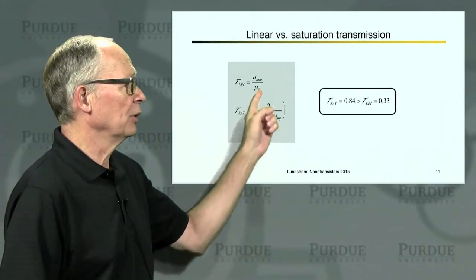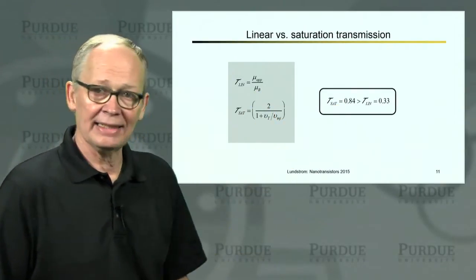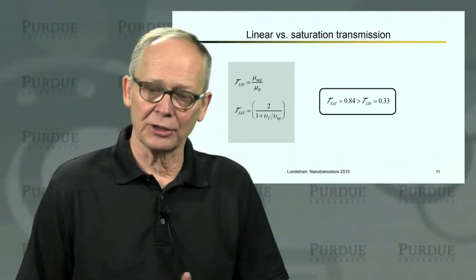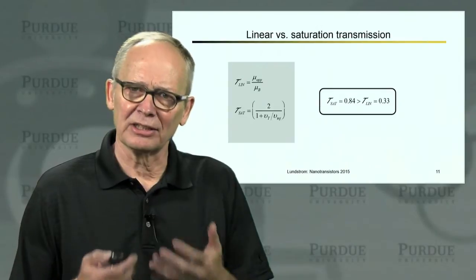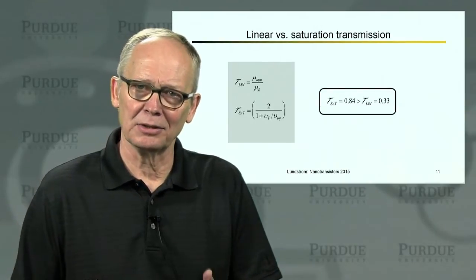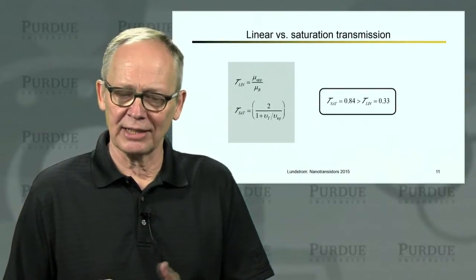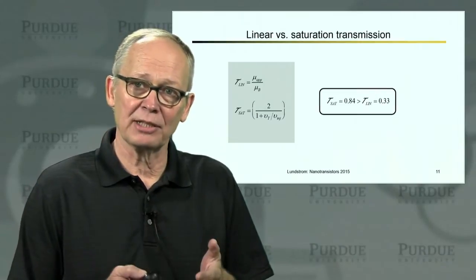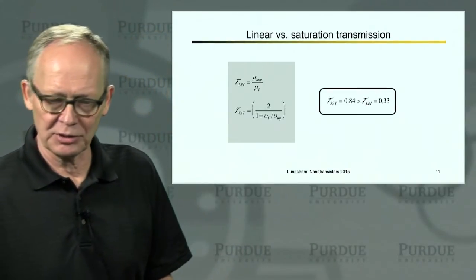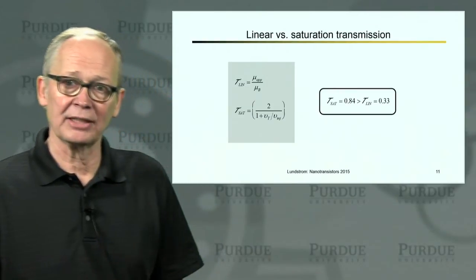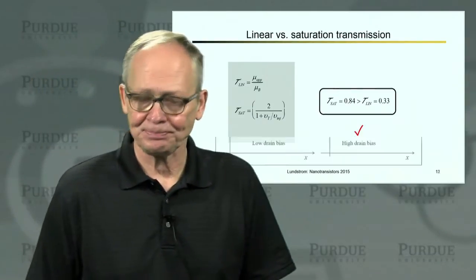And what we find when we do this analysis is, as expected, as we argued earlier, the transmission in the saturated regime, where the carriers are more energetic and are expected to undergo more scattering, is distinctly higher than the transmission in the linear regime. Our analysis of the experimental data bears that out.